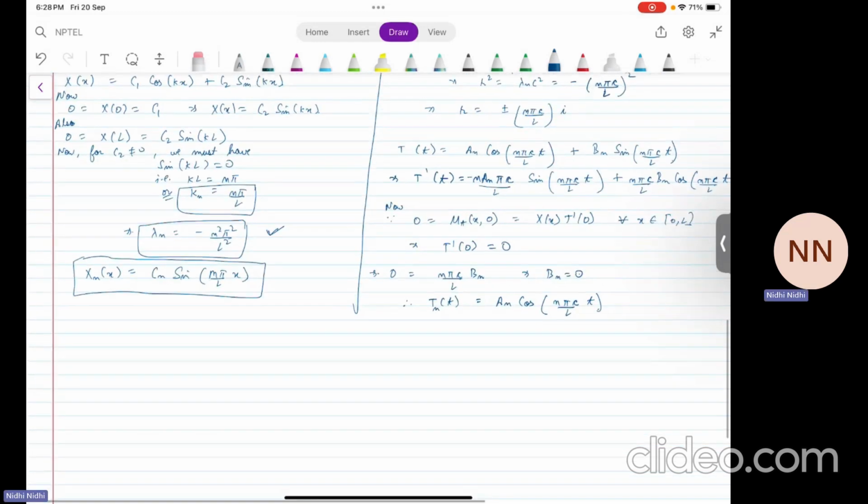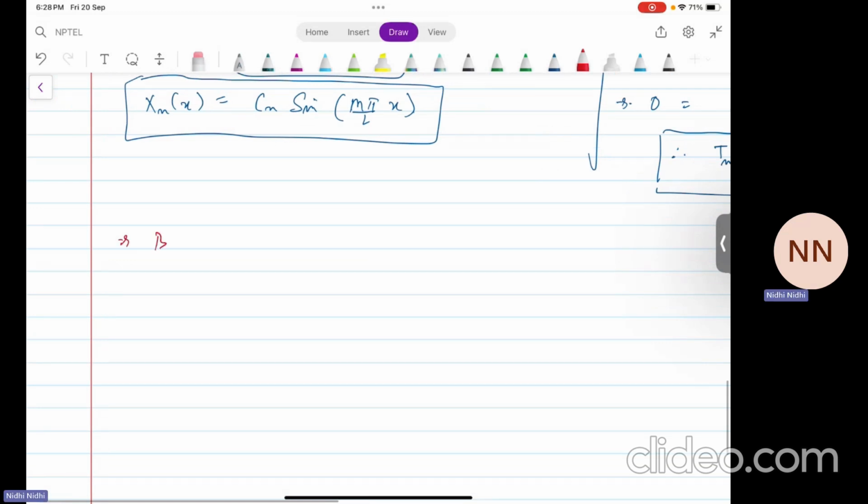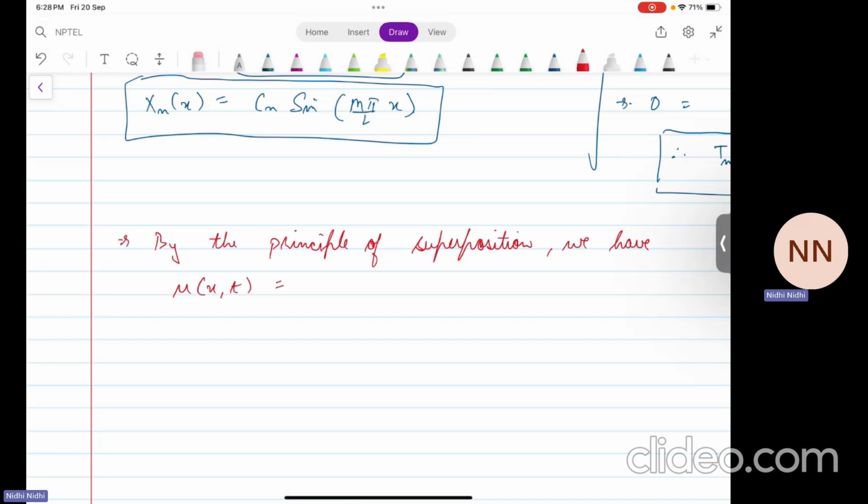Now we have Xn and we have Tn. Now we'll be using the principle of superposition. By the principle of superposition, we have u(x,t) equal to summation n from 1 to infinity Xn(x) Tn(t).